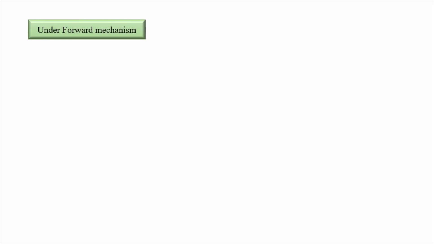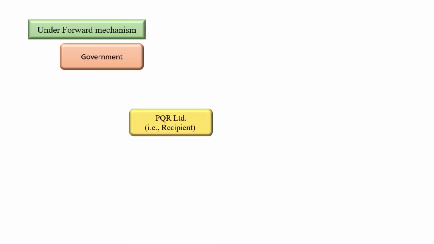Now let us understand the position under forward charge mechanism and reverse charge mechanism. So under forward charge mechanism, government is getting how much rupees from the PQR Limited, that is recipient? Nil. So from recipient, government is getting nothing in form of tax under forward charge mechanism.